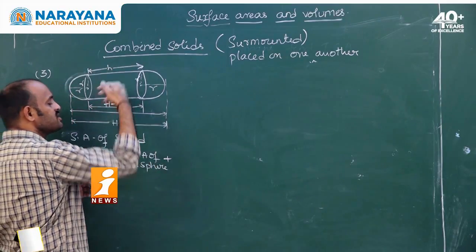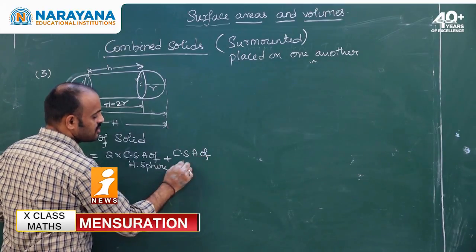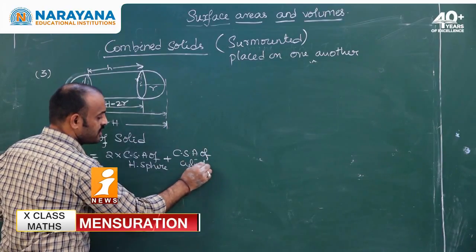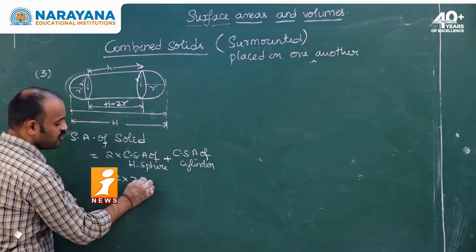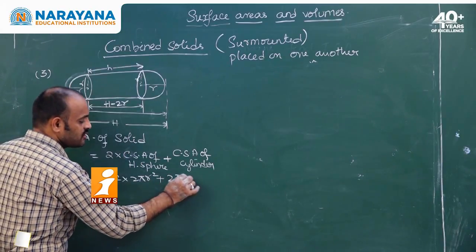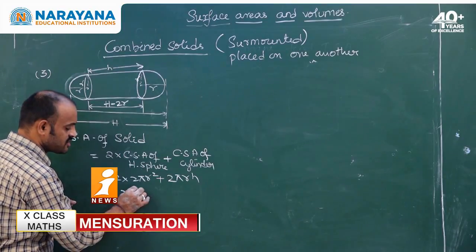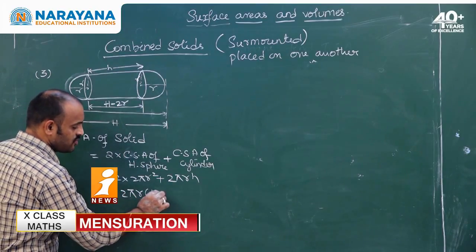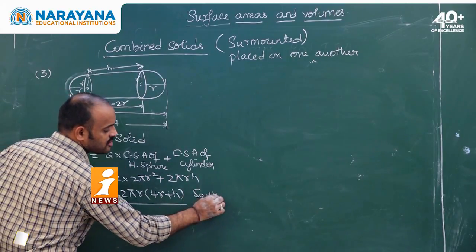So I will write only CSA of cylinder. 2 into, what is the CSA of hemisphere? 2 pi r square. What is the CSA of cylinder? 2 pi r h. We can take 2 pi r common in both: 2 pi r into 4r plus h square units.